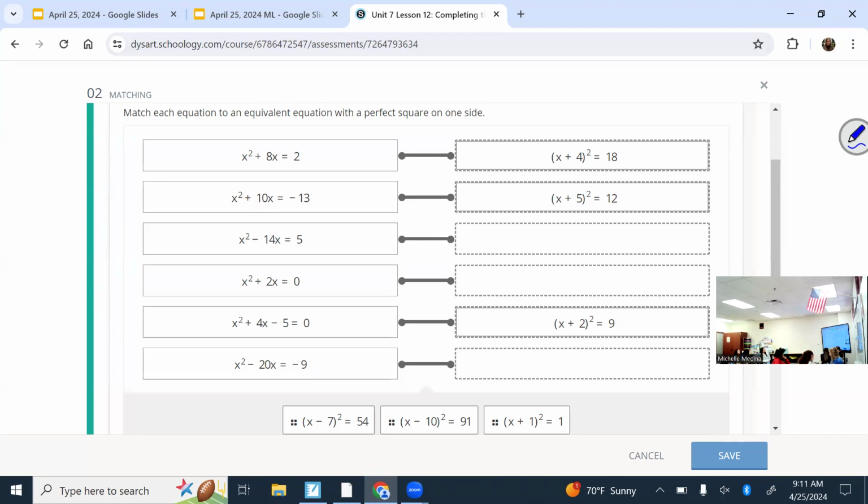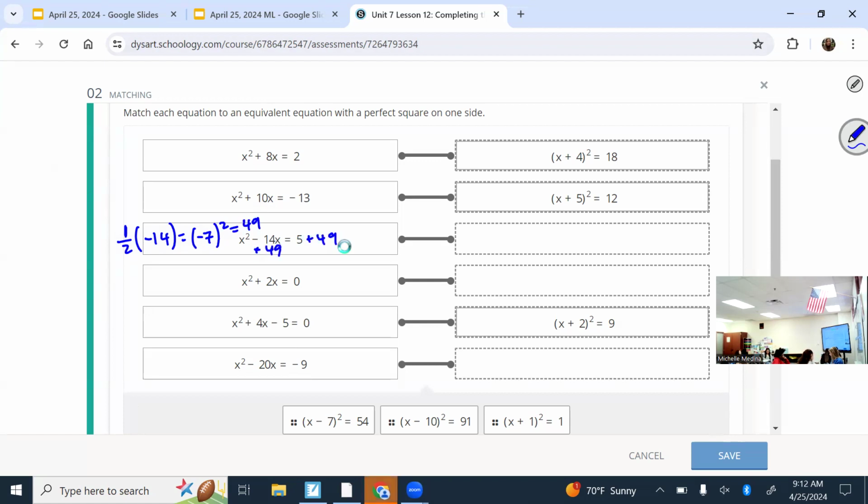Yes, no? Okay, so then I don't need to worry about rewriting it. I can just go ahead and take half of b. What's my b value in this? What's half of -14? -7. Square it, what do we get? And that is what we'd have to add on both sides.